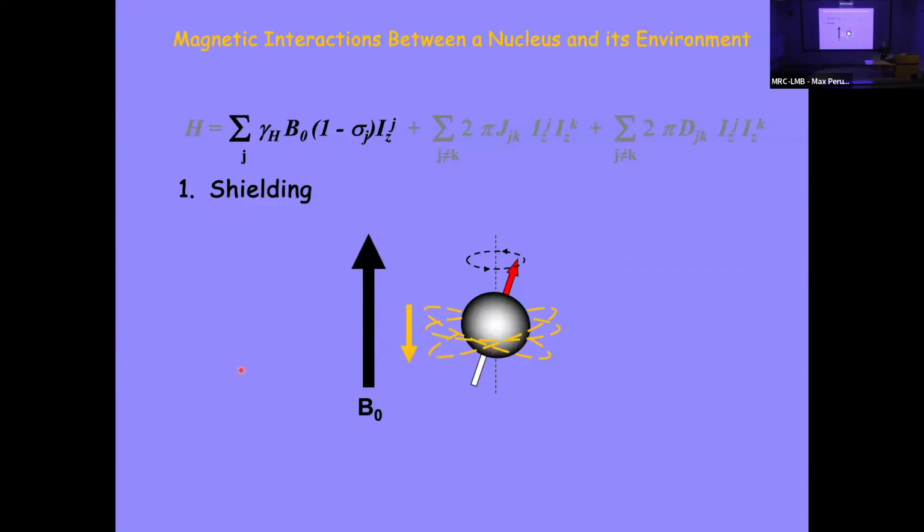So we refer to this process as shielding. The higher the density of electrons around the nucleus, the higher this shielding field. So this is why every spin in the molecule is going to have a frequency that is dependent upon the shielding constant that it has.